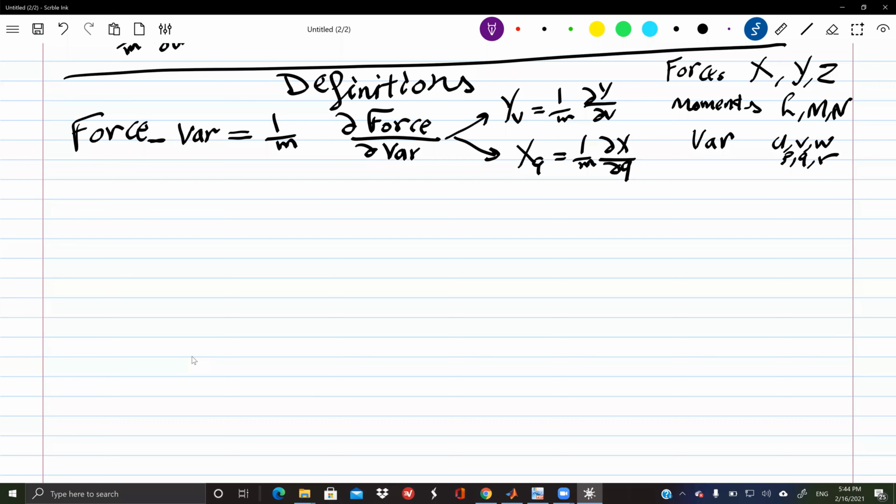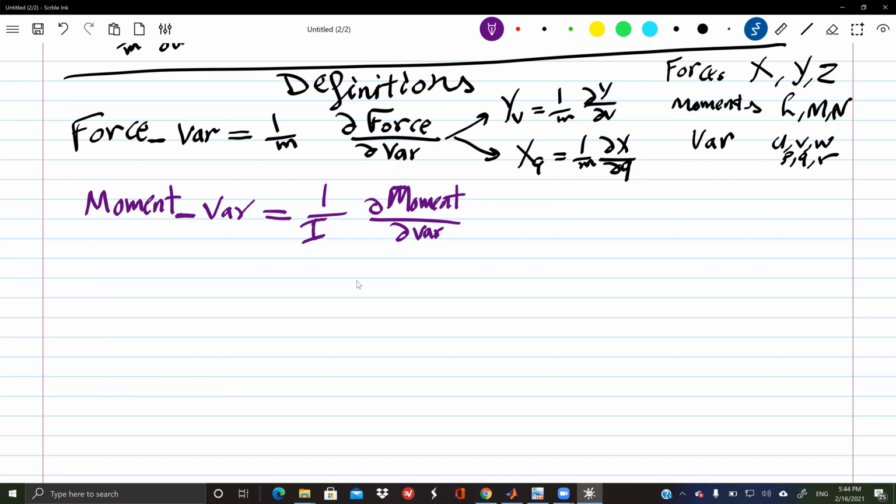What else? If we have moments, then any moment underscore any variable is, as you can expect, partial of the moment, partial of the variable. And if for the force I'm dividing by mass, you can expect that for the moment I'm going to divide, or normalize, by moment of inertia. But this immediately causes a problem. Why?